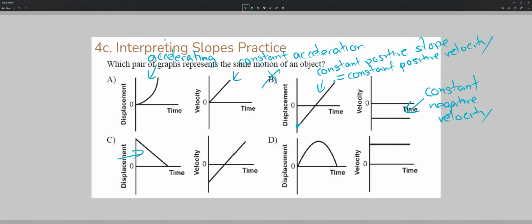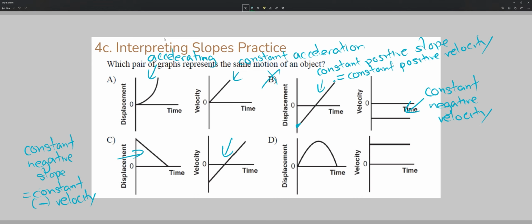C is saying that you have a constant negative slope, which means you have a constant negative velocity.